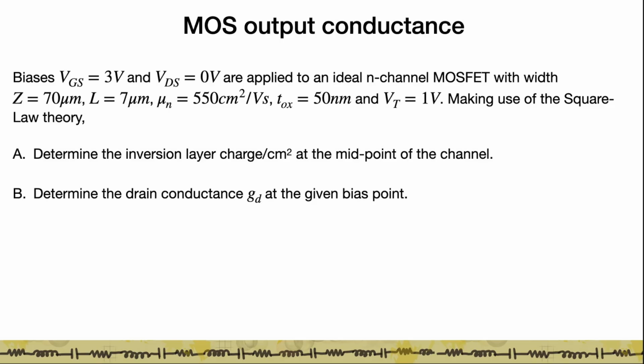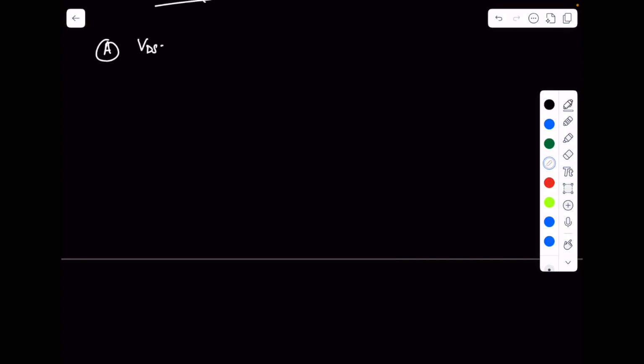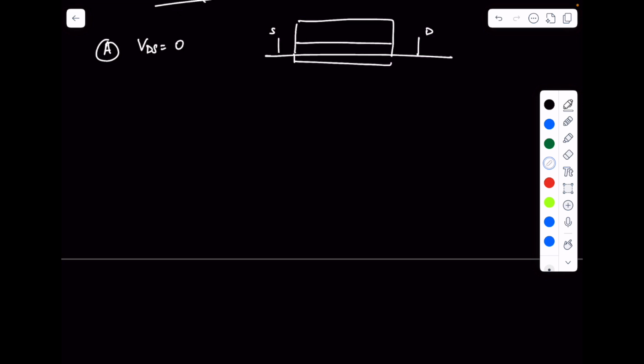Now, VDS is equal to 0, which means that, since VDS is 0, the inversion charge density is going to be constant across the entire surface, and it's going to be given by Cox into Vg minus Vt. So my Qi at L by 2 is very simply Cox times Vgs minus Vt, and Cox is 3.9 into 8.85 into 10 power minus 14.